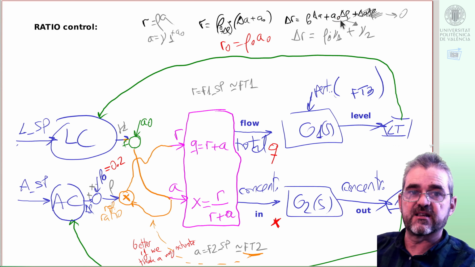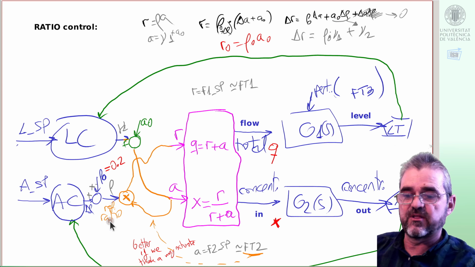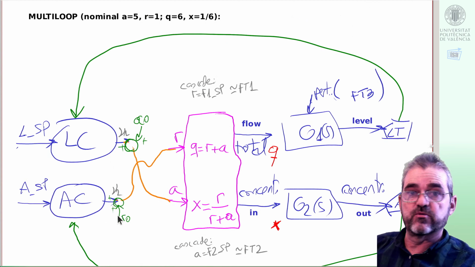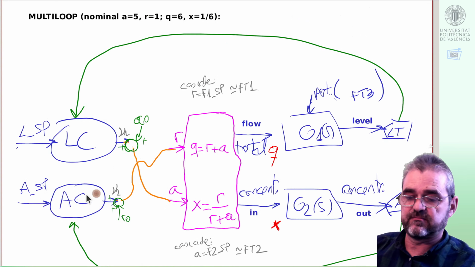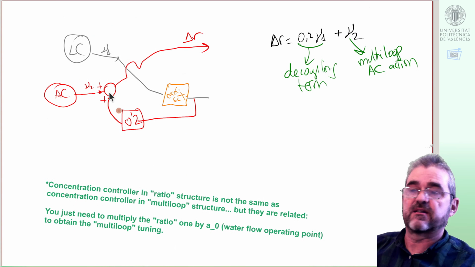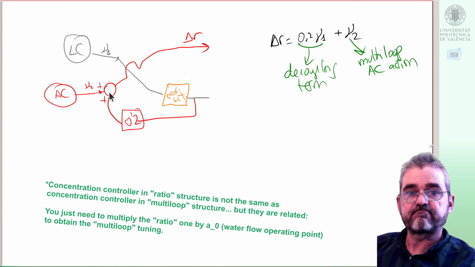So in this case A0 was 5 in our operating point, so that means that if I tune a PID here for a given behavior in ratio control, then the translation to multi-loop will be the same gains multiplied by 5, adding this extra decoupling term.